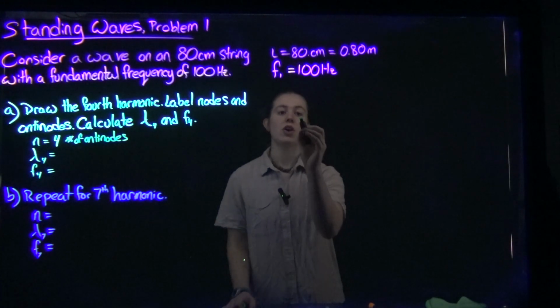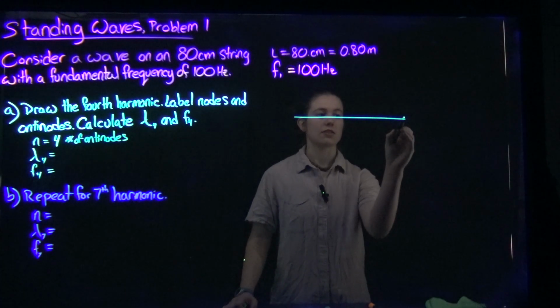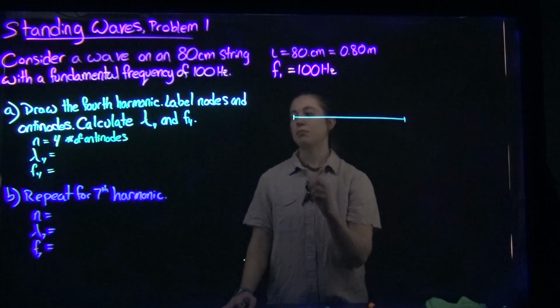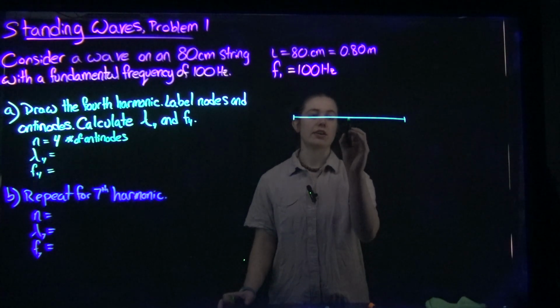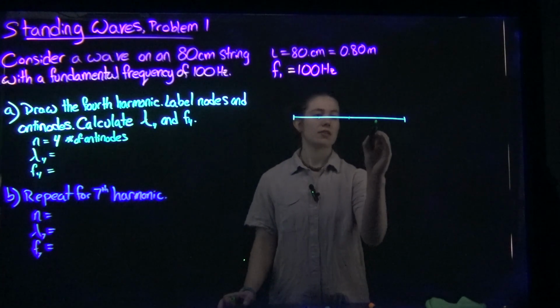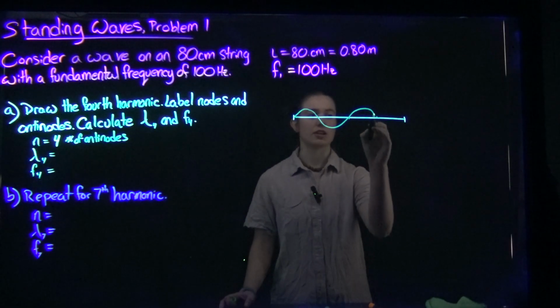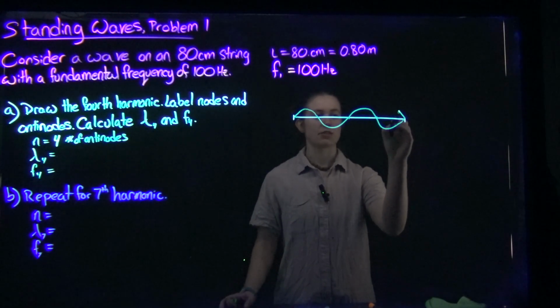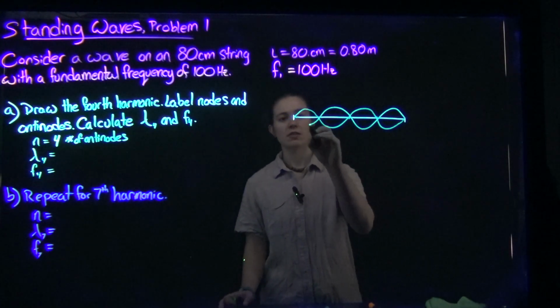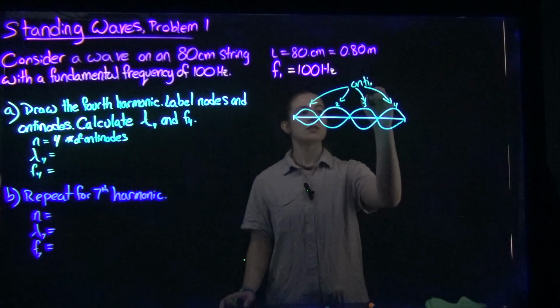All right, so if we draw this, here's our string. We're going to break this up into 4 antinodes. Remember, our antinodes are regions with maximal vibration. These are the antinodes.